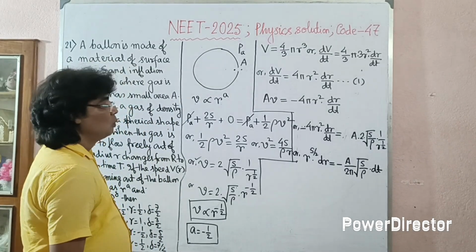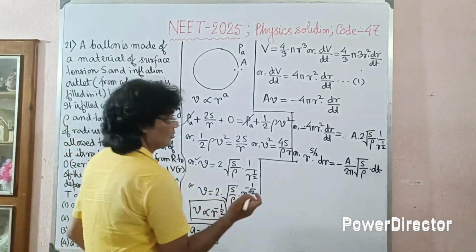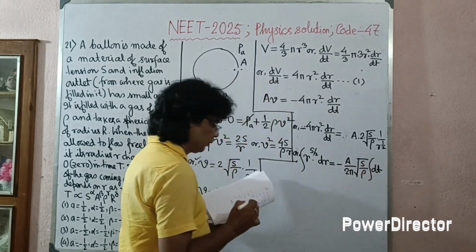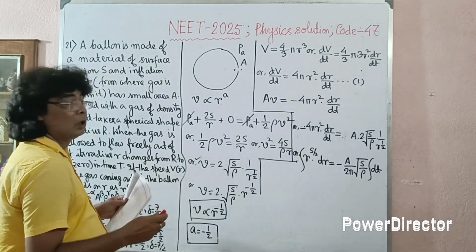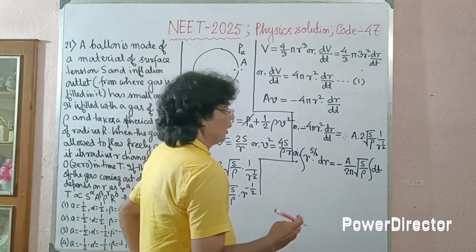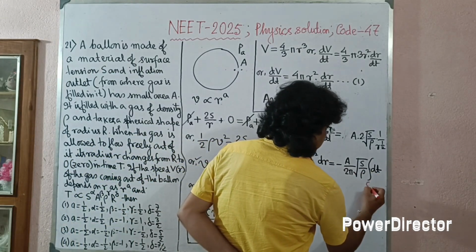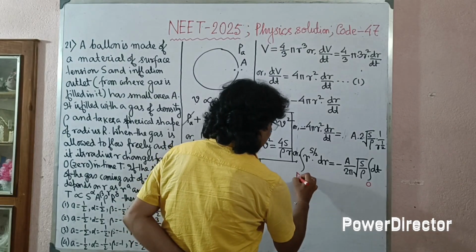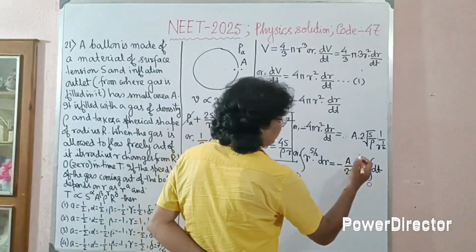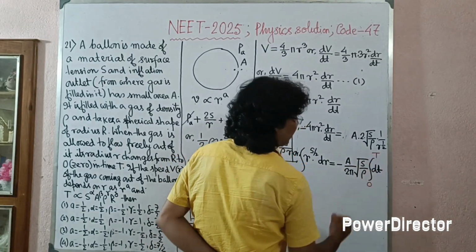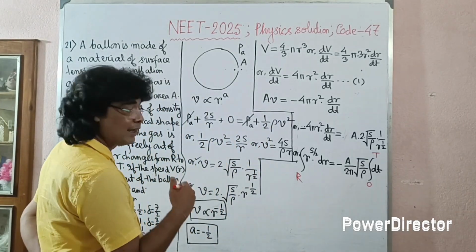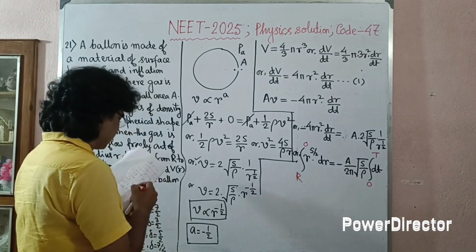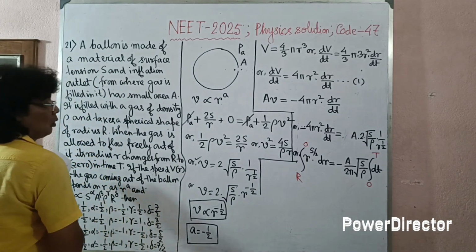Now we integrate this equation. When time starts, radius of the balloon is capital R, and after time capital T, radius becomes 0. Okay.